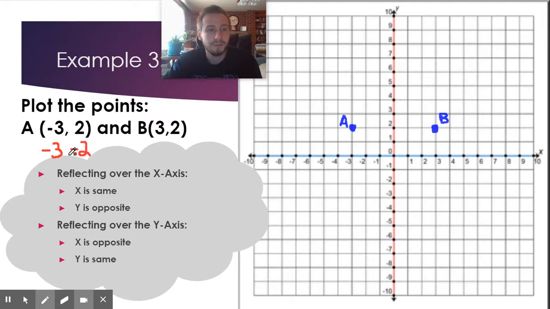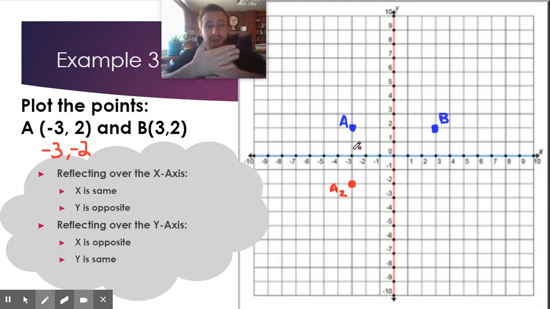So my new ordered pair, if I were reflecting this over the x-axis, which is this blue line, would be negative 3, negative 2. We'll call this A2 because it's the second version of A. Because A being reflected over the x-axis would be negative 3, negative 2.